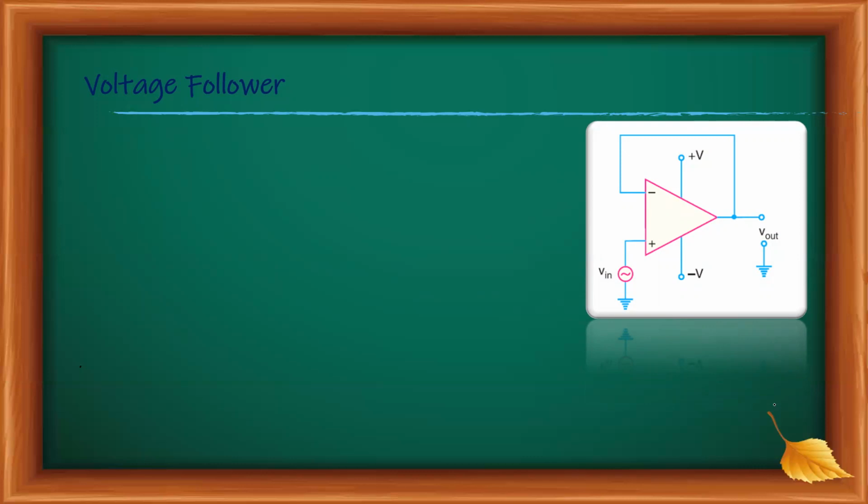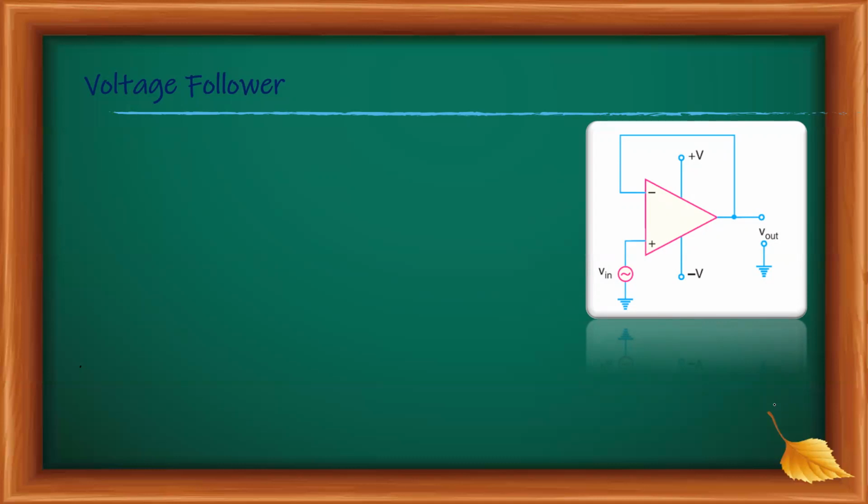Here, when we compare it with non-inverting amplifier, instead of RF, we short it. Short means resistance is equal to 0. So the RF is equal to 0.